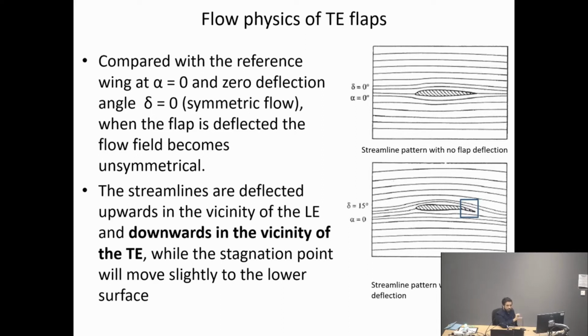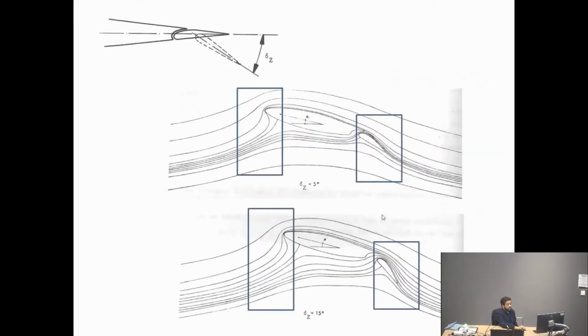The reason for that is to do with the effect on the lift. If you put the flap downwards, it gives you an increase in lift, so we consider it a positive flap deflection, and vice versa. What you will find is that as you deflect the flap downwards, you affect the whole flow field around the wing. In terms of the streamlines, this is roughly what happens.